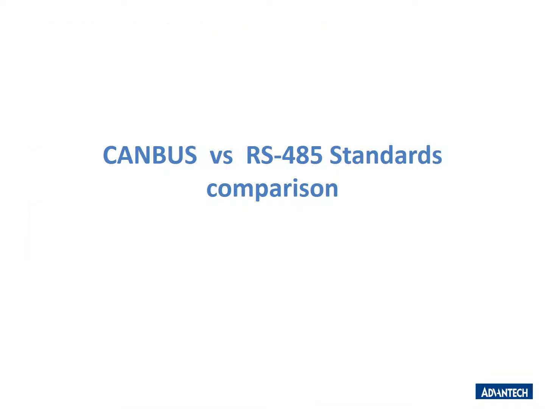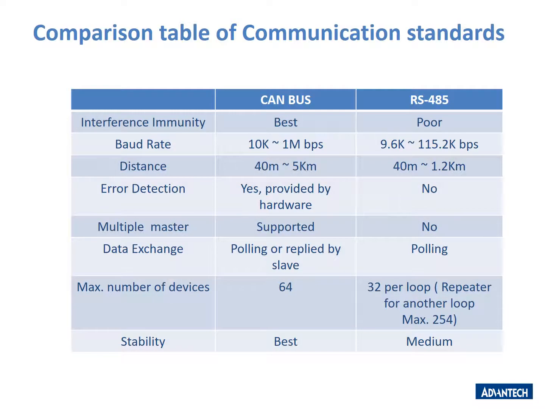Now, let's talk about the difference between the devices that use these two standards. Comparison table of CAN bus and RS485. Making a comparison between the two standards, we can say that CAN bus has better immunity to noise, supports a higher speed of data transmission along 5 km.